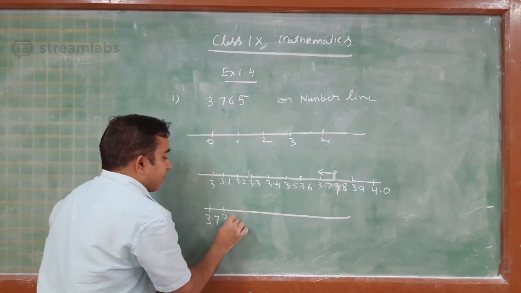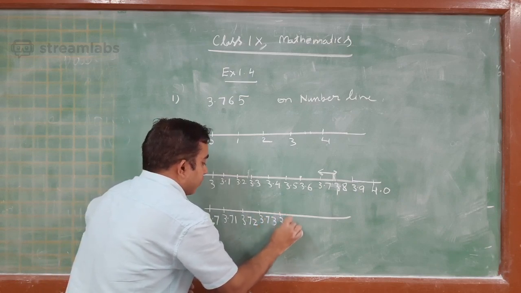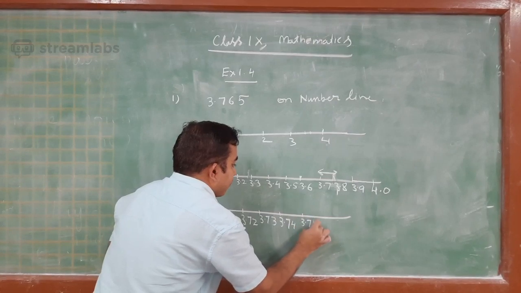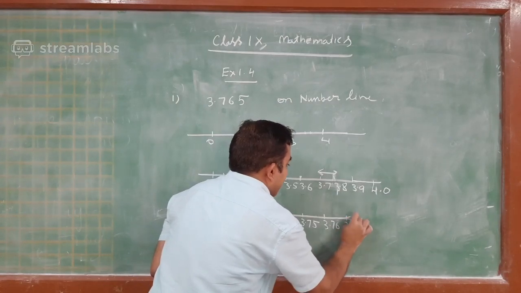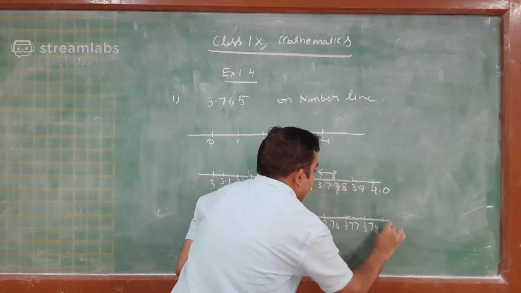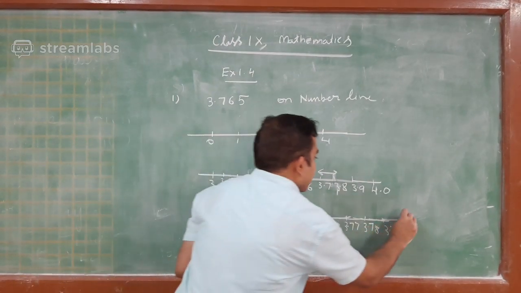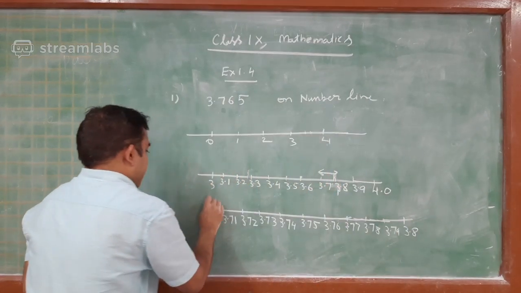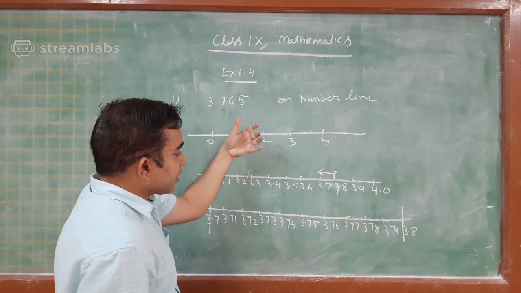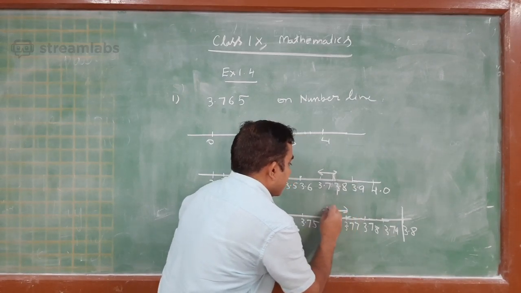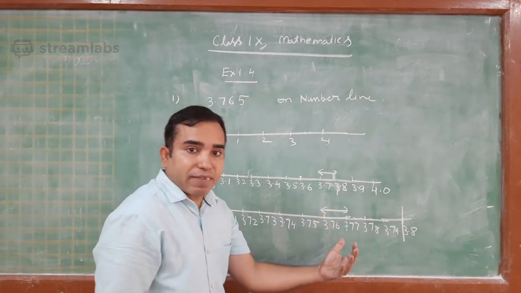So 3.71, 3.72, 3.73, 3.74, 3.75, 3.76, 3.77, 3.78, 3.79, right? And next is 3.8. Now my number is 3.765, so it will lie between 3.76 and 3.77.